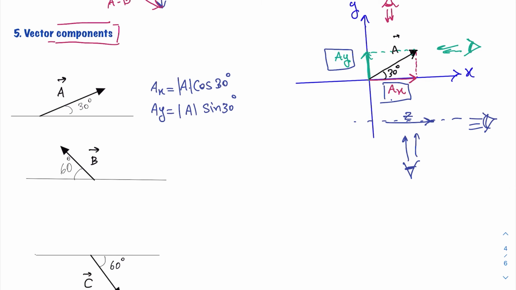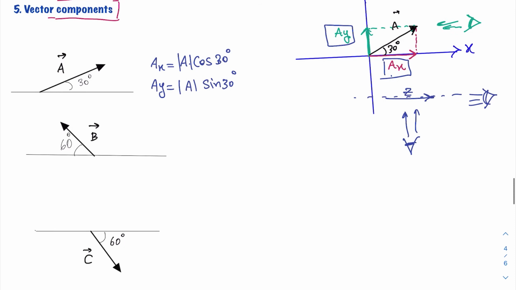So how about this one? Look at another example. In this example, vector B is making an angle of 60 degrees with the horizon, but with a negative side. As you see, the direction of this vector is towards the left.